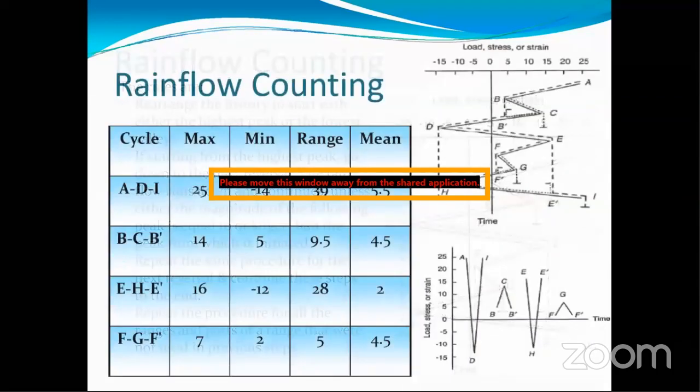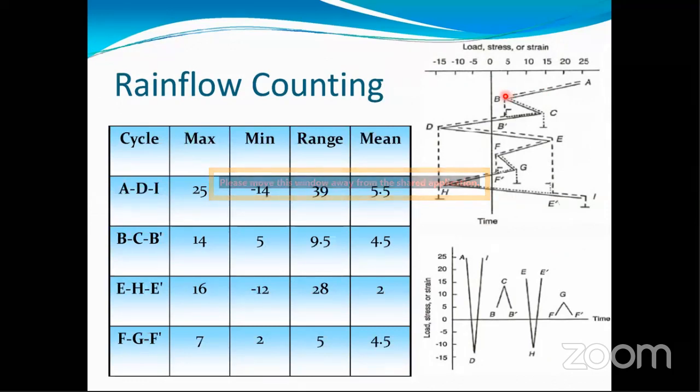I'll explain here. When rain flows, it is making a cycle here, that means B, C, B dash. This stress amplitude is less than the next stress amplitude, so we are counting this as one cycle.